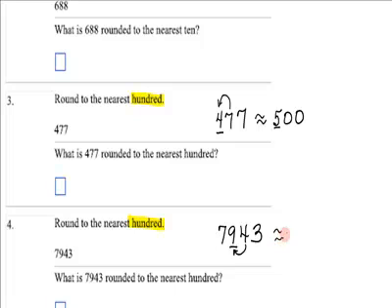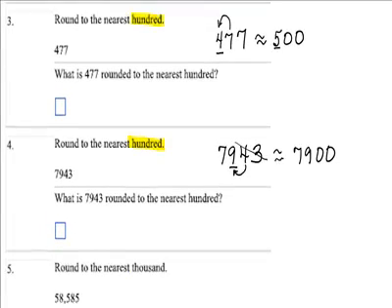This will remain 7,900, but follow with zeros. So rounding down means those go to 0 and this number stays the same. So this is closer to 7,900 than it would have been to, and if I'd rounded up, I would have had to carry to 8,000.